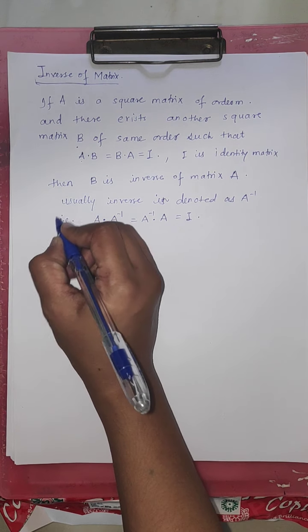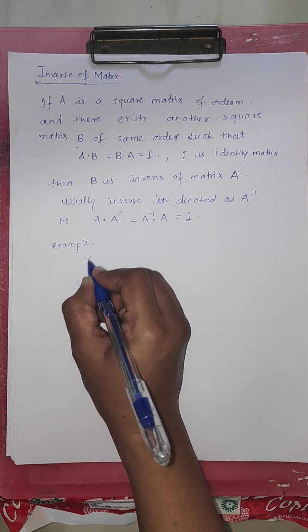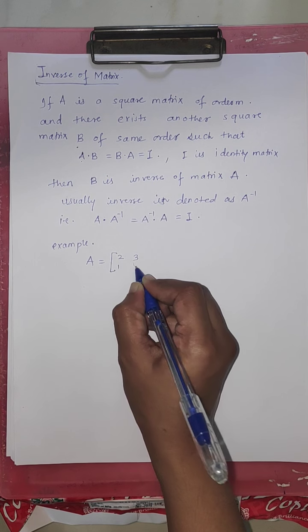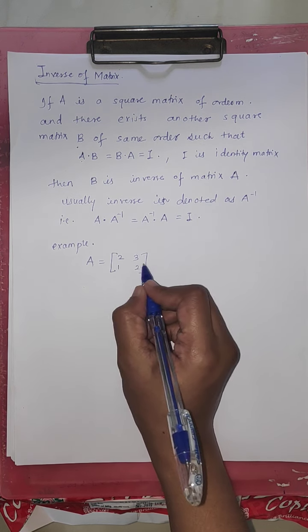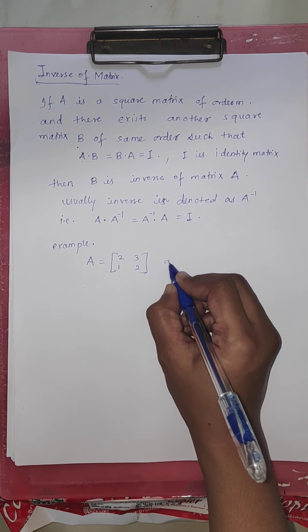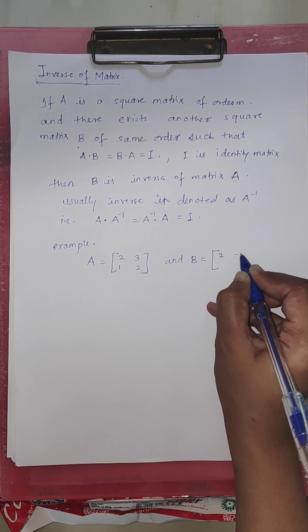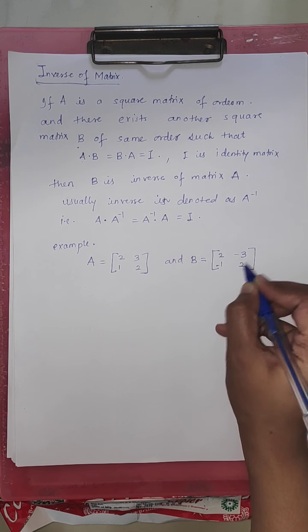For example, we have a square matrix A, 2 3 1 2. This is a square matrix, 2 rows and 2 columns. And one more matrix B is there, 2 minus 3 minus 1 2, 2 rows 2 columns.